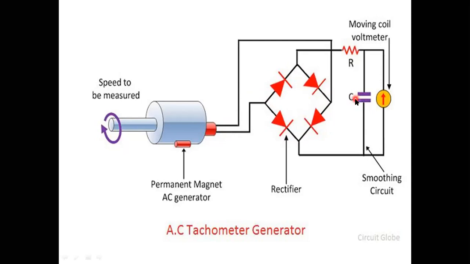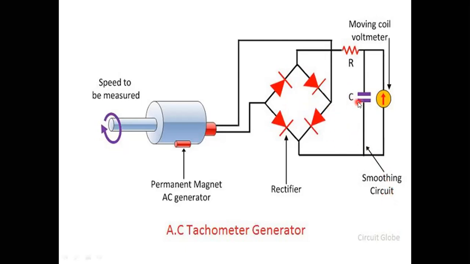So what I will do is suppress the AC component present in the output, such that the DC component dominates. To suppress the AC components present as ripple at the output of the rectifier circuit, I'm using a smoothing circuit.